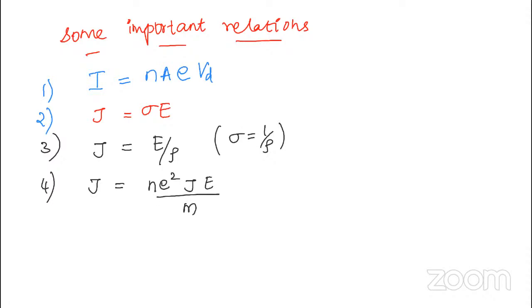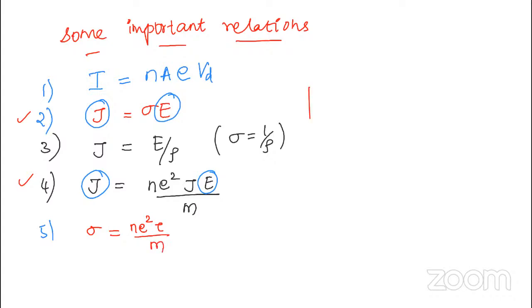Look at the second and fourth expressions: if you relate them, here it is E and here it is E, and here it is J and here it is J. So let us now write the value of sigma: sigma is equal to n into e square tau divided by m.